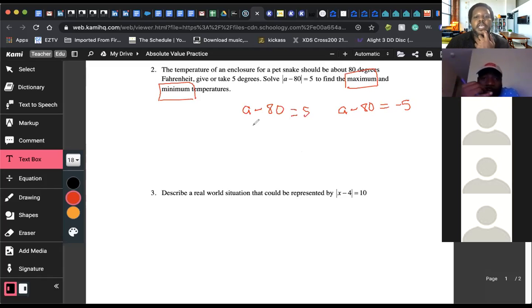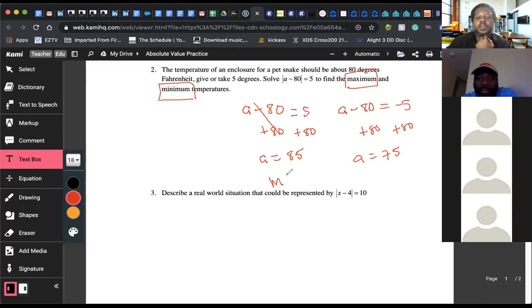Perfect. Okay, for the first one, I add 80 on both sides. A equals 85. Good. On the other side, A equals 75. Okay, good. The maximum temperature is 85 and the minimum is 75.